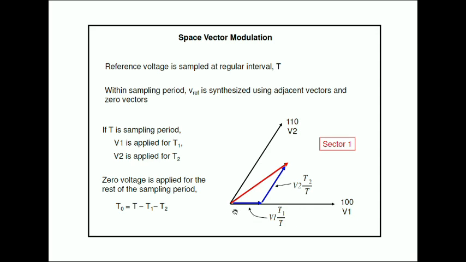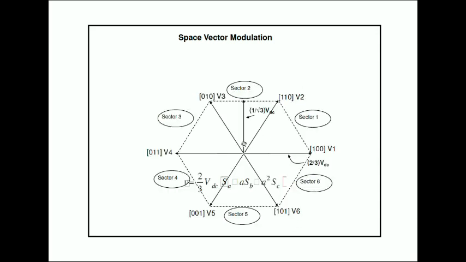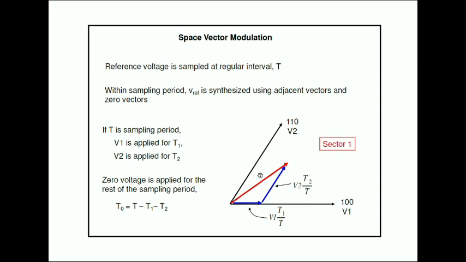That is the basic idea. So the two extra vectors you get, besides v1 to v6 in this vector space, are v0 and v7, where v0 is the 0 0 0 combination and v7 is the 1 1 1 combination.